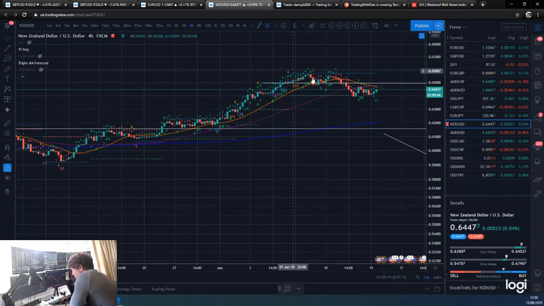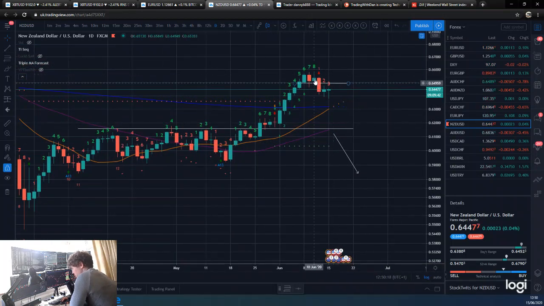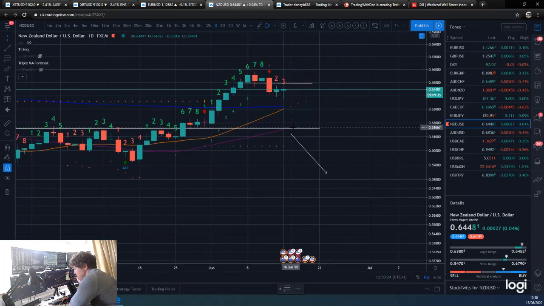Not really, no. I mean, we nearly got to a 9. So it's basically this 12 hour, which would have been a 9, breaking below here, moving down. So I'd expect at least us to get down to here, unless obviously we get supported by the 200 day, because we know 200 days are important and that could send us back up. But we'll have to see what happens with that one.